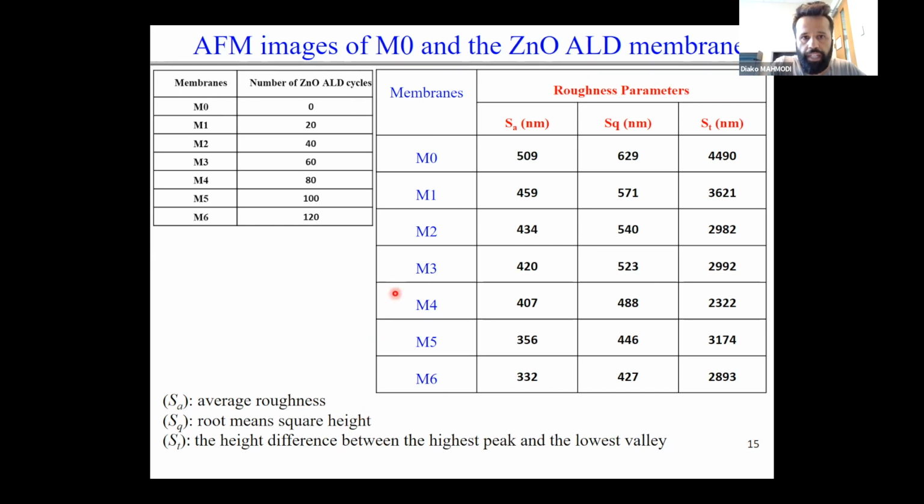Here, as you can see, for M0, SA is the average roughness, SQ root means square height, and ST is the height difference between the highest peak and the lowest valley. For M0, the SA is 509, and the roughness then reached 332, which means by coating zinc oxide, we could decrease the roughness of the membrane.